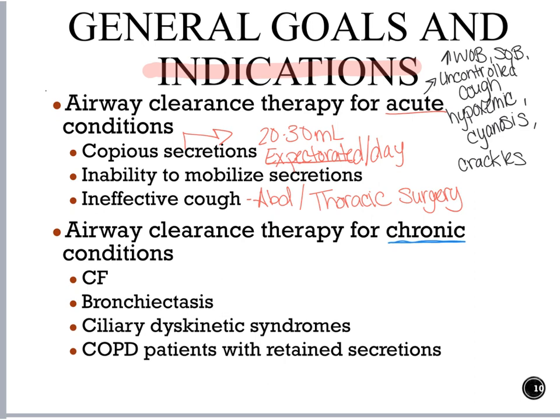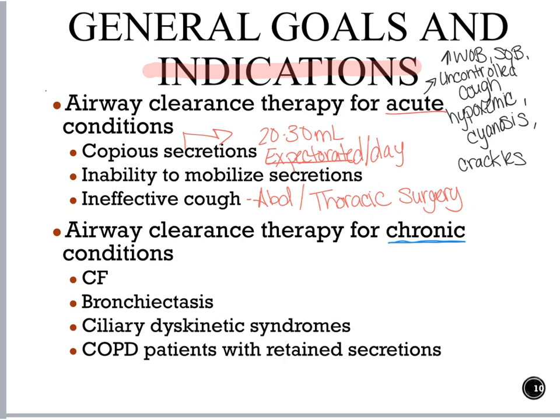Okay, so for patients who have aerosolized meds with their CPT, especially with CF and COPD and these chronic disease processes that require this, we want to give the bronchodilators before the CPT, before they do any airway clearance.